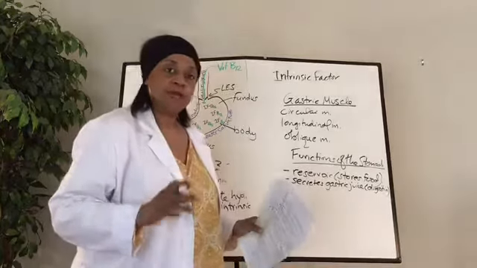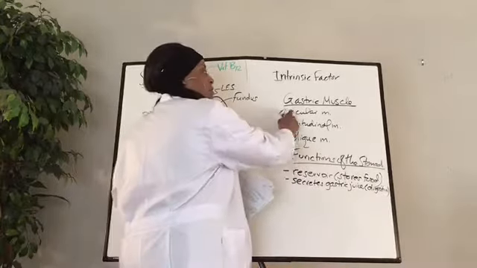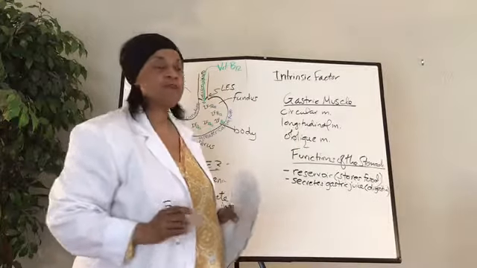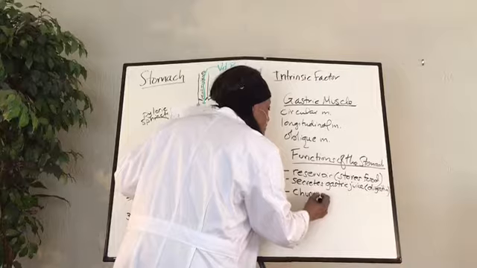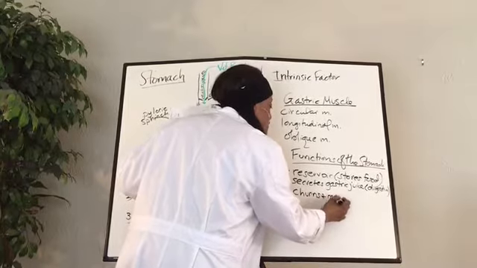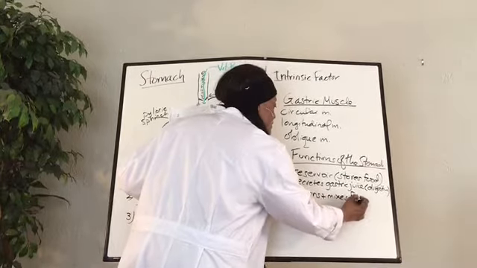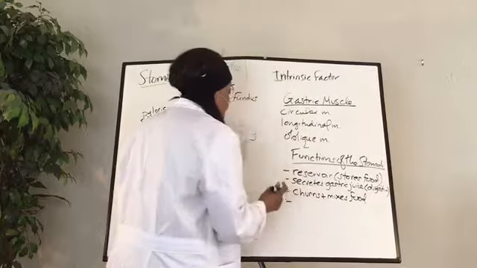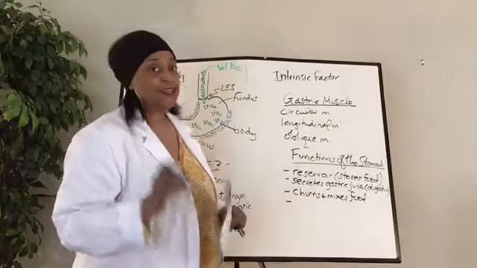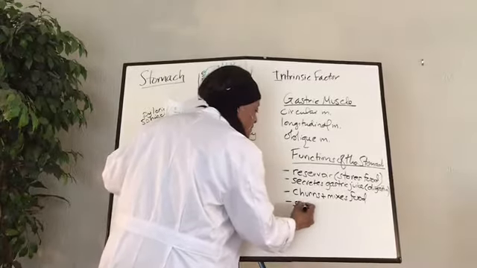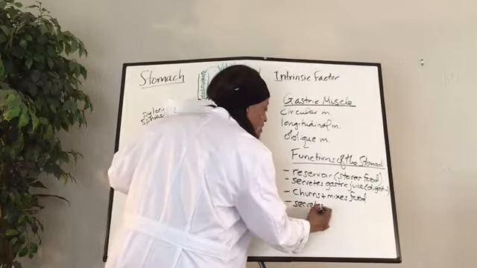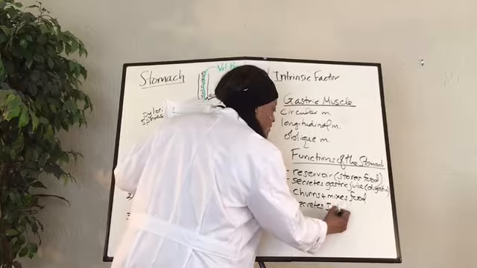It churns and mixes food. We talked about that when we talked about the muscle here. So it churns and mixes food. The stomach secretes intrinsic factor. What is the importance of intrinsic factor?